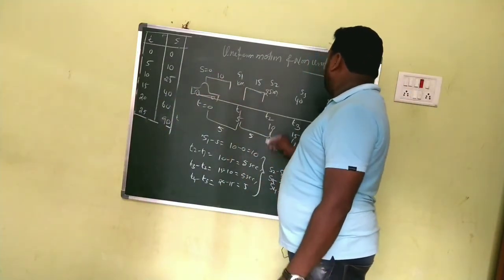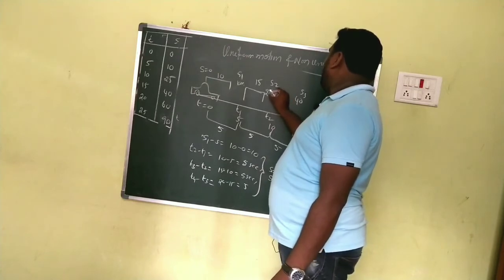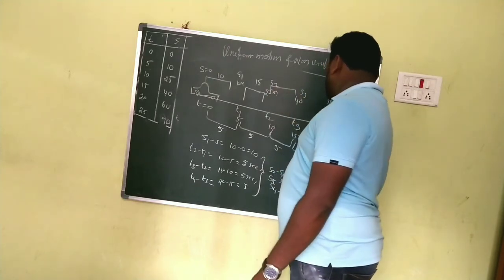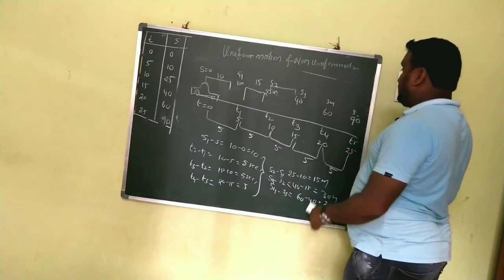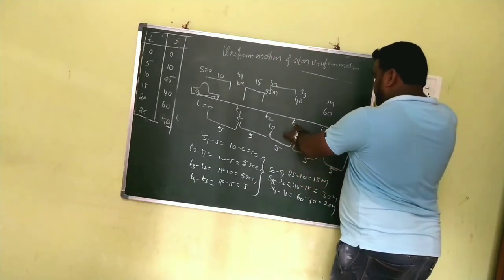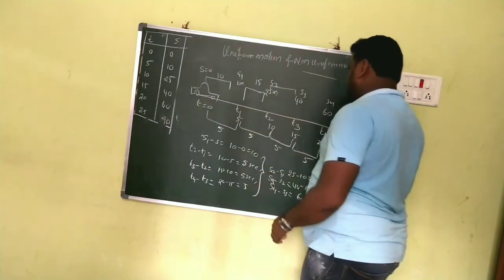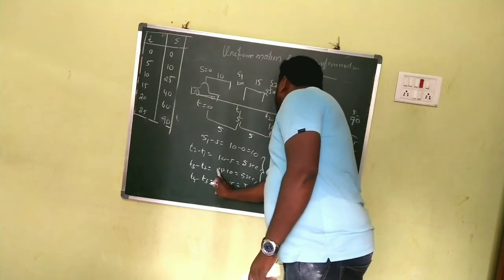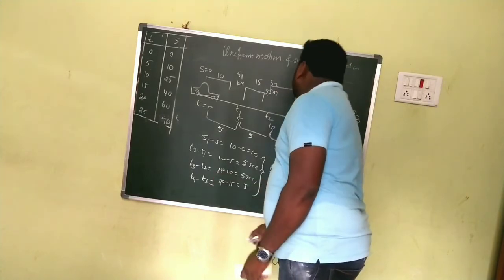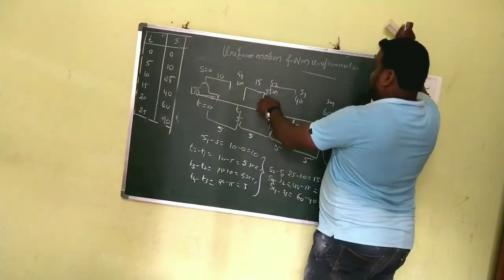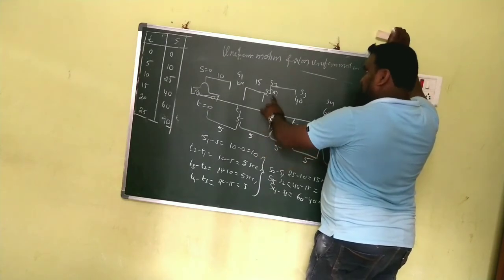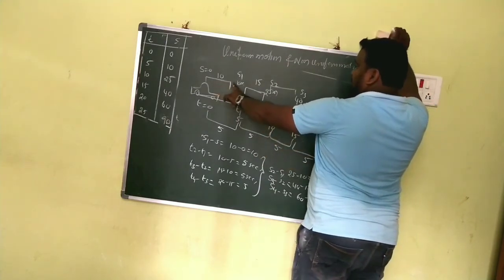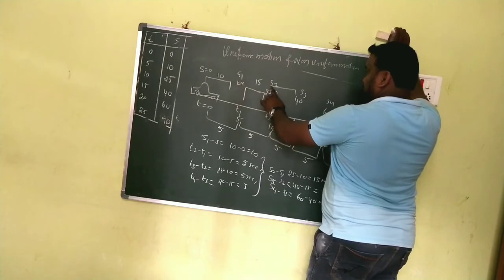Here 15. Here now 25 minus 40. This is what? T3 minus T2. Here 25 we have taken. Okay. S1 is 10. S2 is 25.